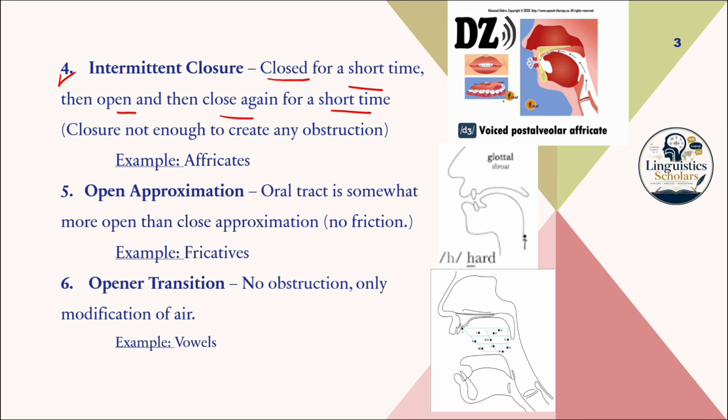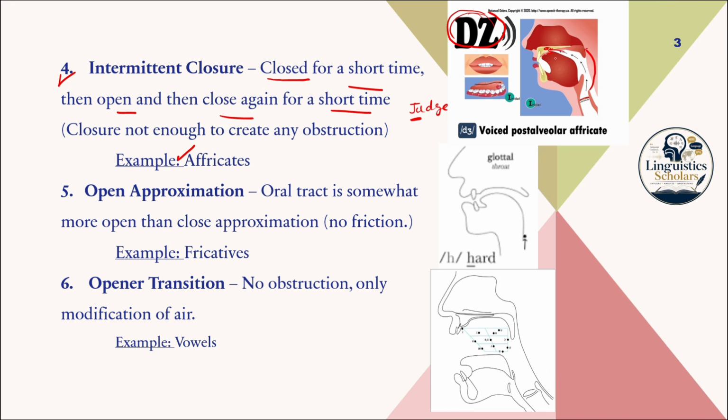You can see this in the production of j, for example when pronouncing the word church; the initial sound can be understood here very clearly. The blade makes contact with the alveolar ridge, so there is a complete blockage of air here. But there is a release when you say church.